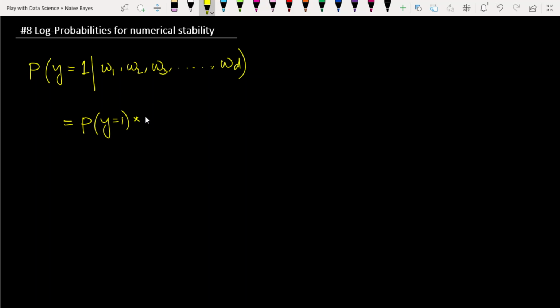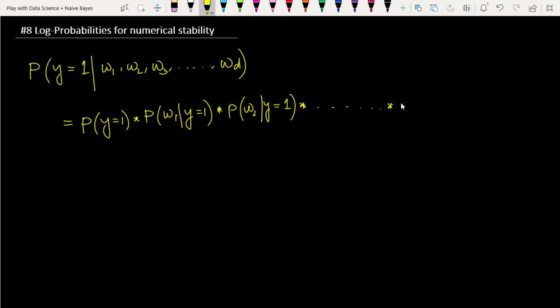The other ones are the likelihood probabilities, that is the probability of w1 given class label y equals 1, the probability of w2 given class label y equals 1, and similarly the others.